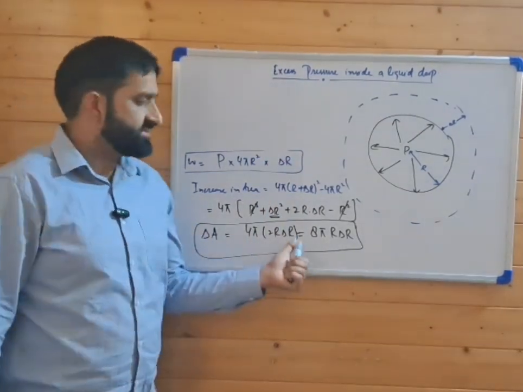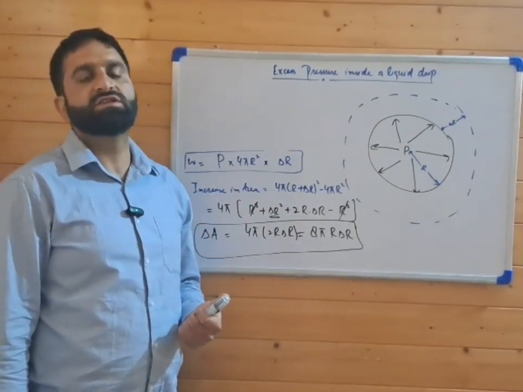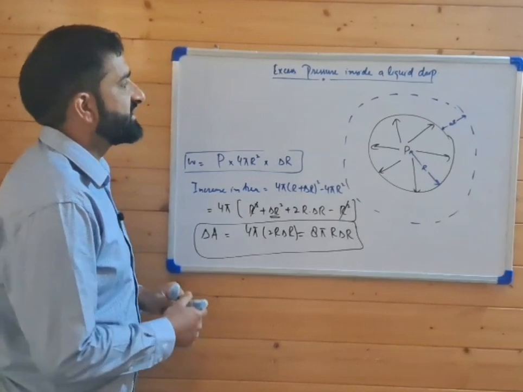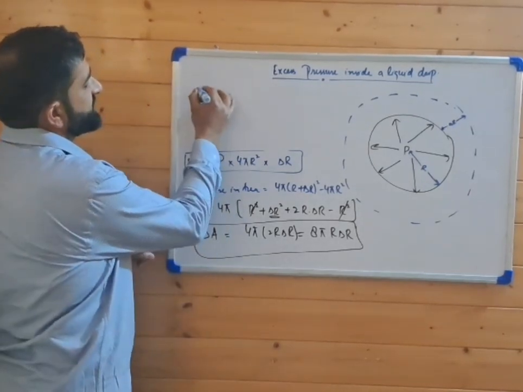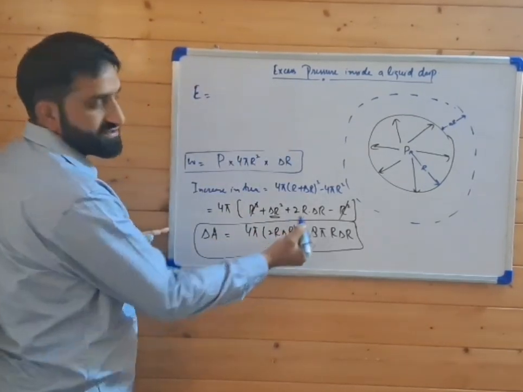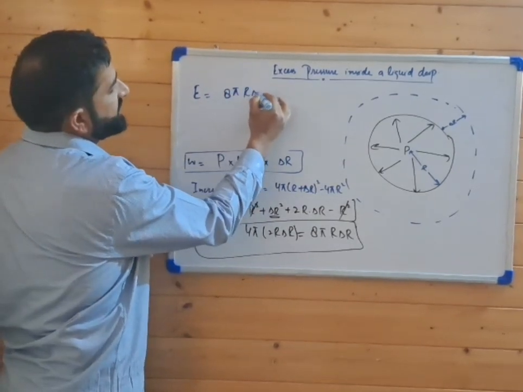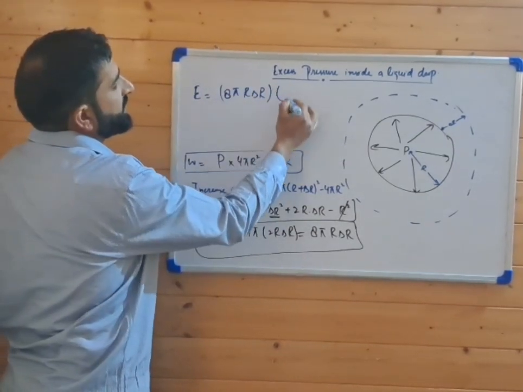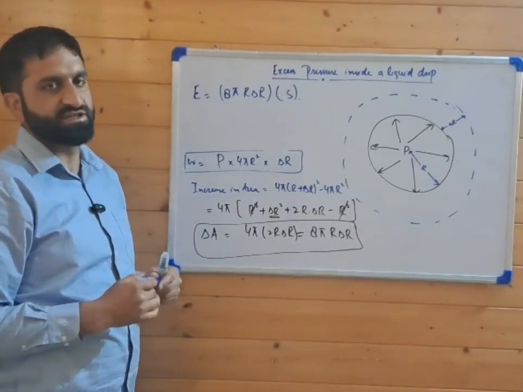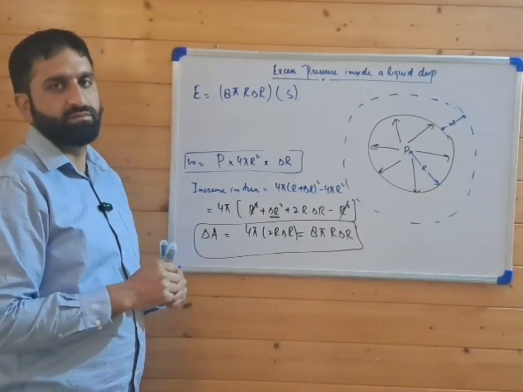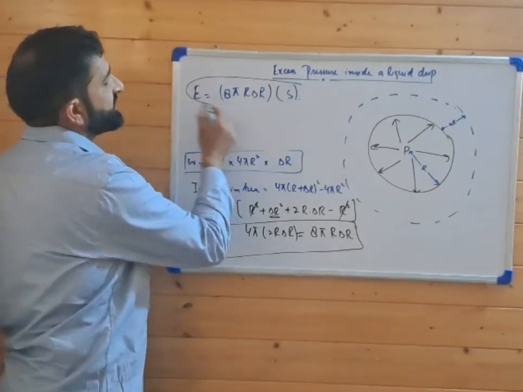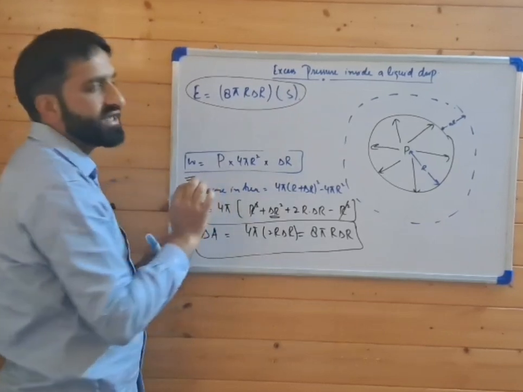As the area has changed, there is an increase in the surface energy. So the surface energy E is equal to change in area into surface tension, that is 8 pi r delta r into S, where S is the surface tension. As the liquid drop is in equilibrium, the change in surface energy is due to the work done by the excess pressure.